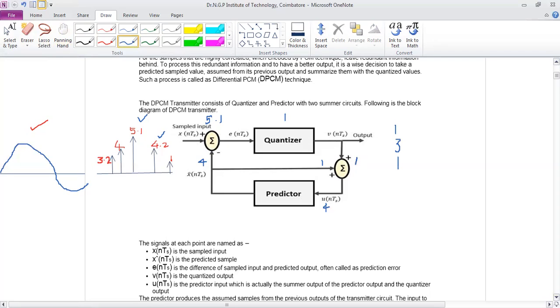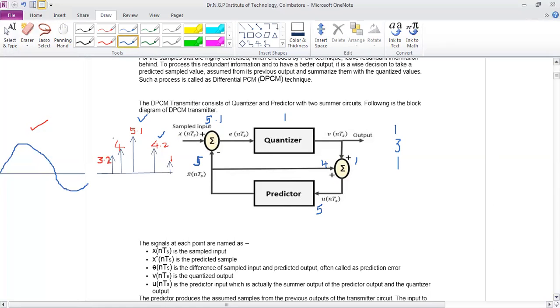Previously I had the value 4, so these two are added and my result will be 5. The predictor is now updated to 5, so my x cap of nTs is also updated as 5.